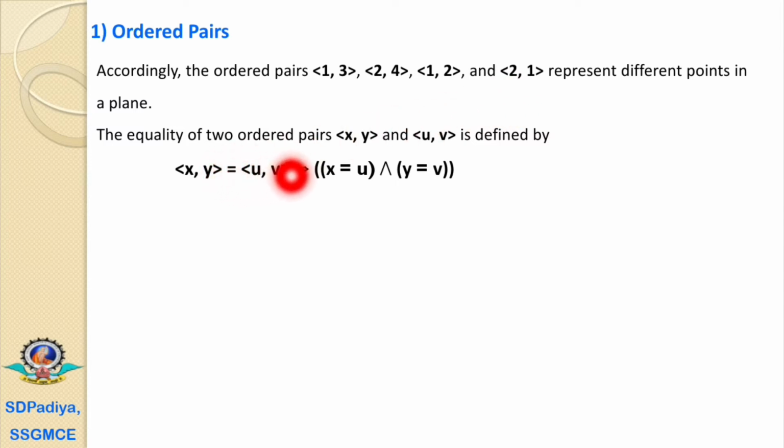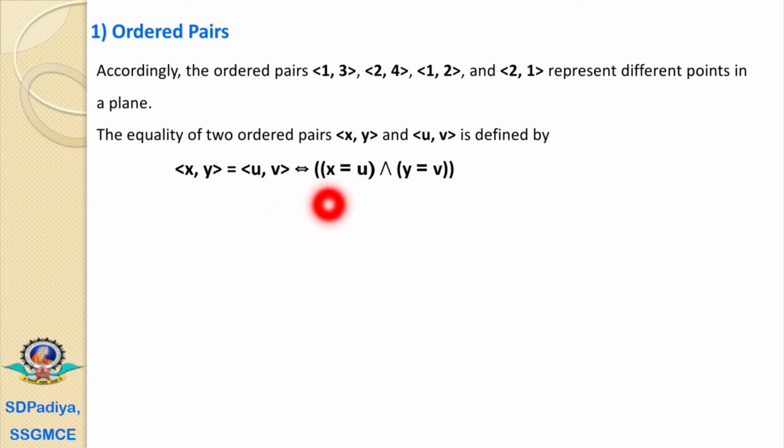The equality of two ordered pairs, that is the ordered pair ⟨x, y⟩ and the ordered pair ⟨u, v⟩, is defined by: ⟨x, y⟩ equals ⟨u, v⟩ if and only if x equals u and y equals v.